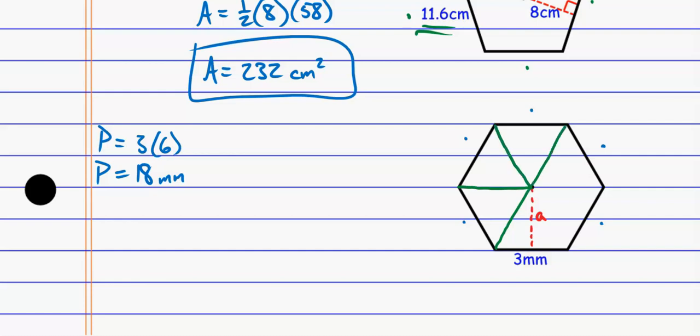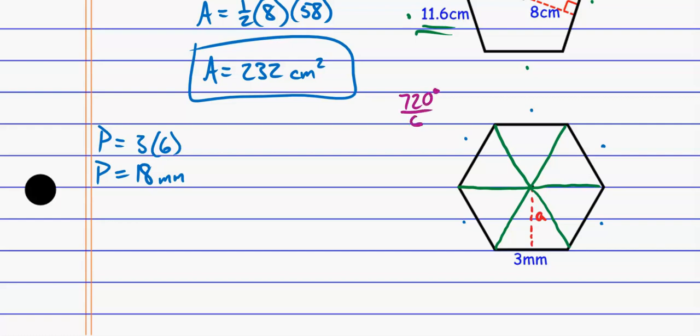what it does is it gives us a bunch of triangles. And now I can use the fact that, hey, I know what the angle measurements are for this thing. If I do the 180 times n minus 2, it tells me that all the angles inside here add to 720 degrees.